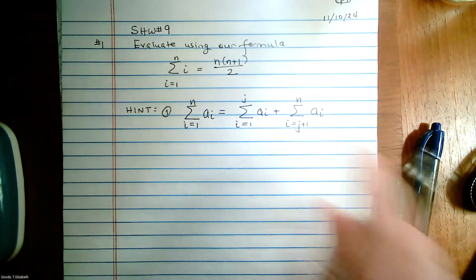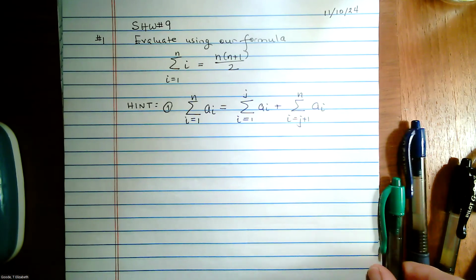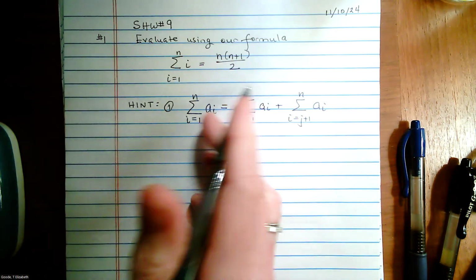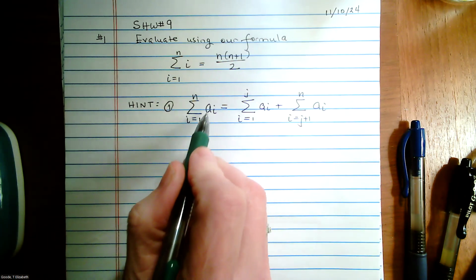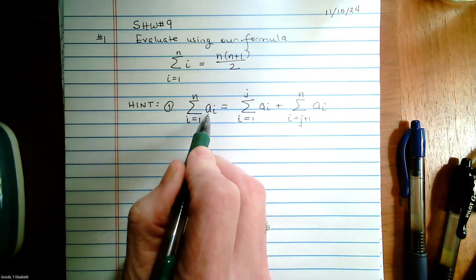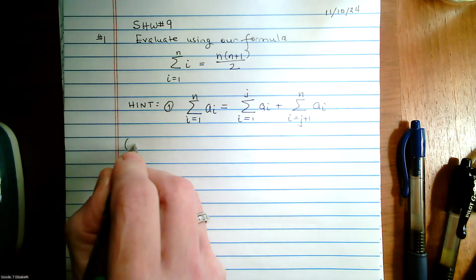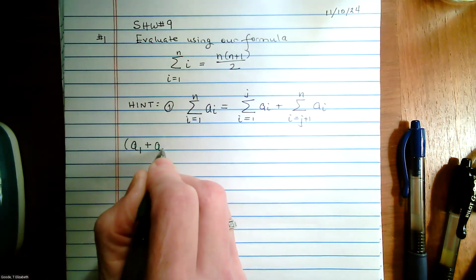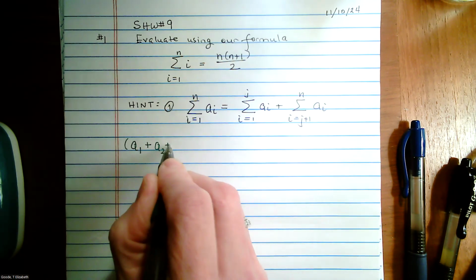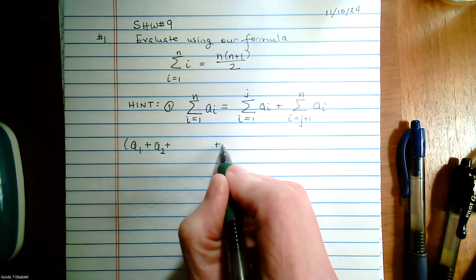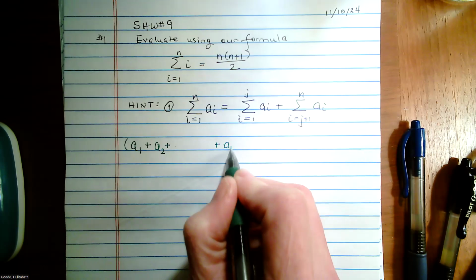Let's think about why that works. What is this actually saying? When you see it, it'll make perfect sense. If you've got a sum from i equals 1 to n of a term a sub i, what does that really look like? The first term is a sub 1 plus a sub 2 plus, leaving some room in the middle, and eventually a sub n.